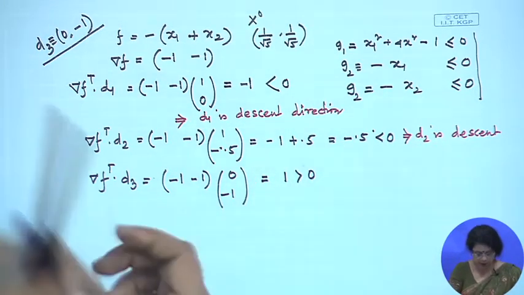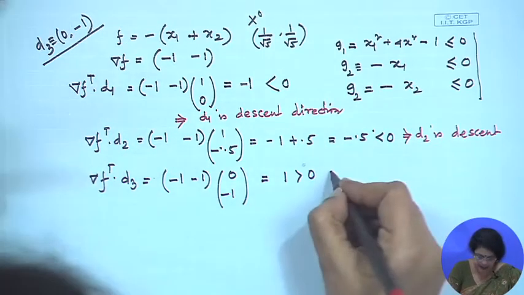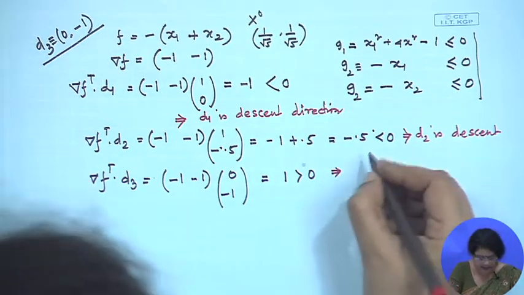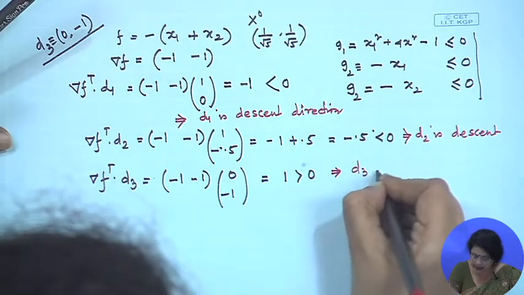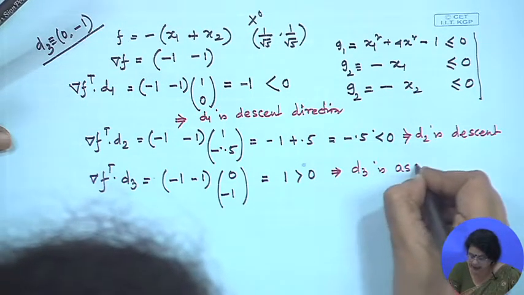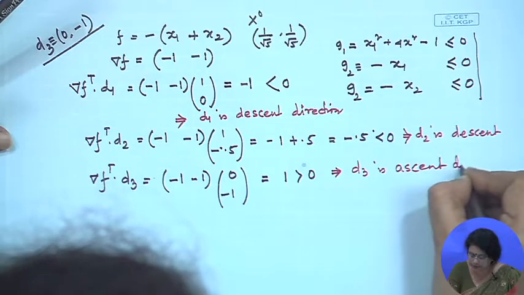That is why we can say that d3 is an ascent direction, not a descent direction.